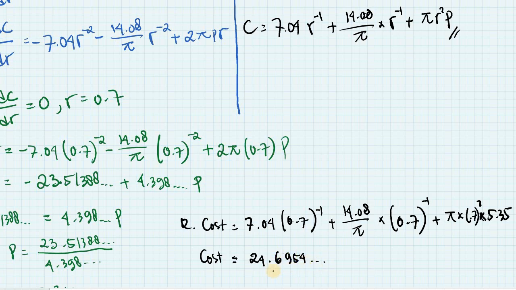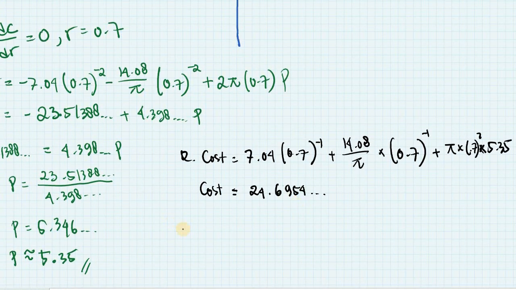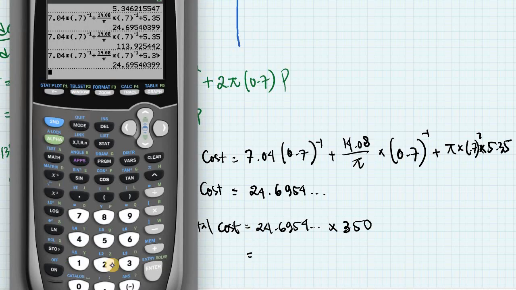24.6954 and so on. But remember, this is the cost for one. So the total cost equals 24.6954 times 350, since we want to make 350. What do we get?